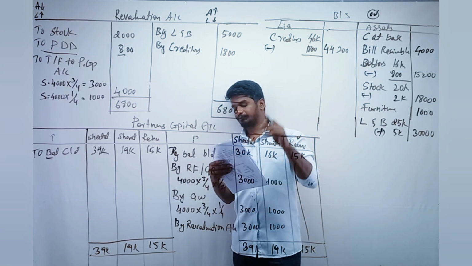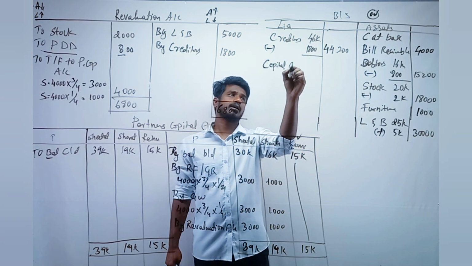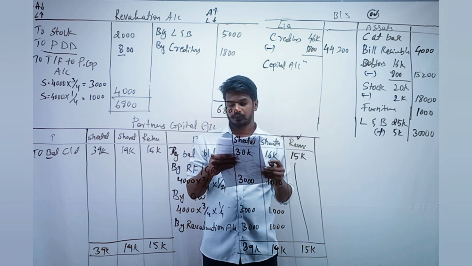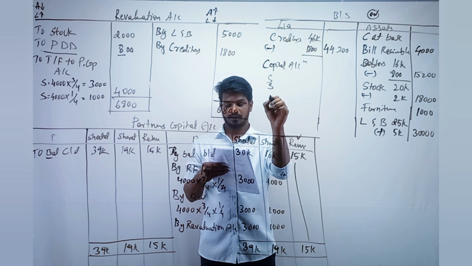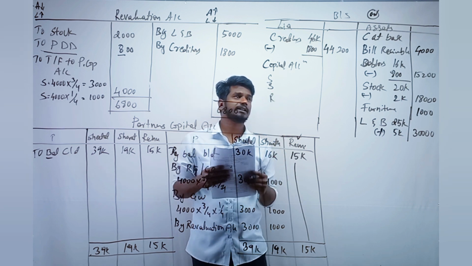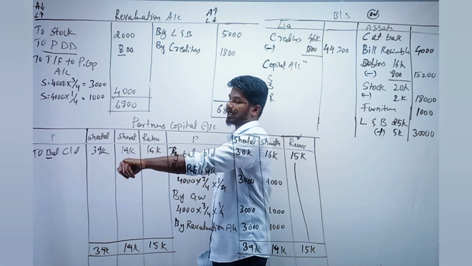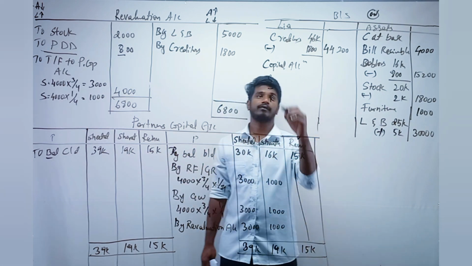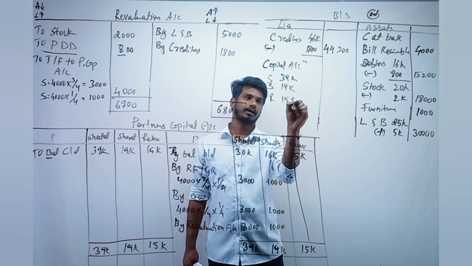Capital accounts: Sheetal, Sharath, and Renu. Just write the balance carried down: 39,000, 19,000, 15,000.